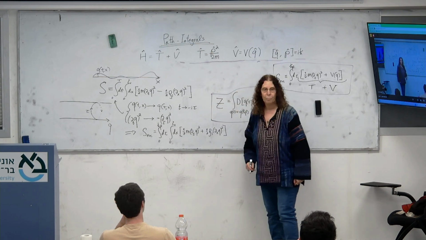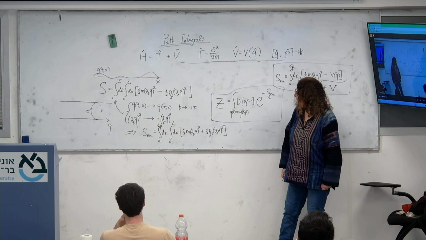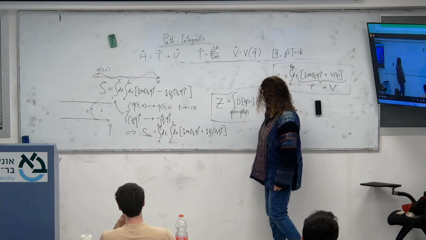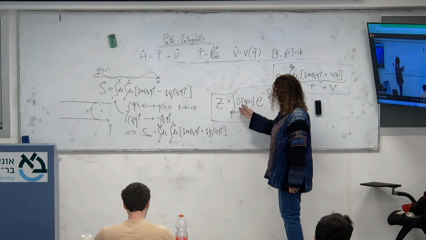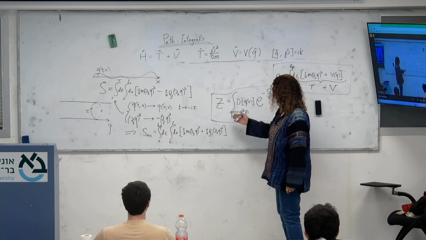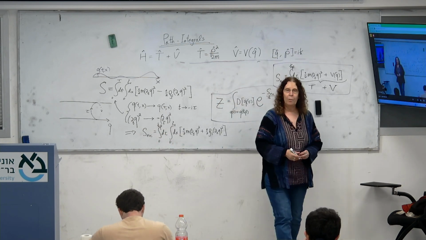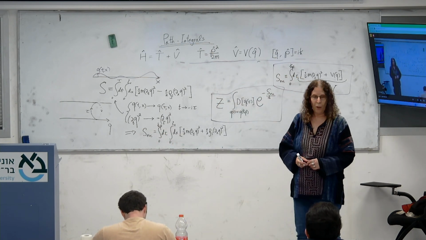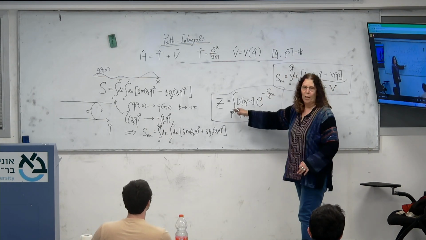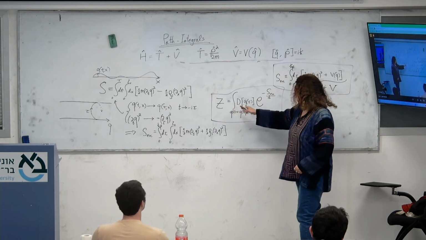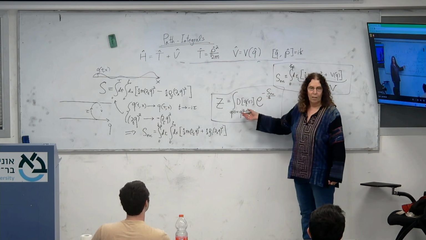Okay? That's all. And then what do I do with this? I now plug it in. Now I want to compute the partition function. What I wrote here is the partition function of a single particle, but the partition function of the string is very easily extended.